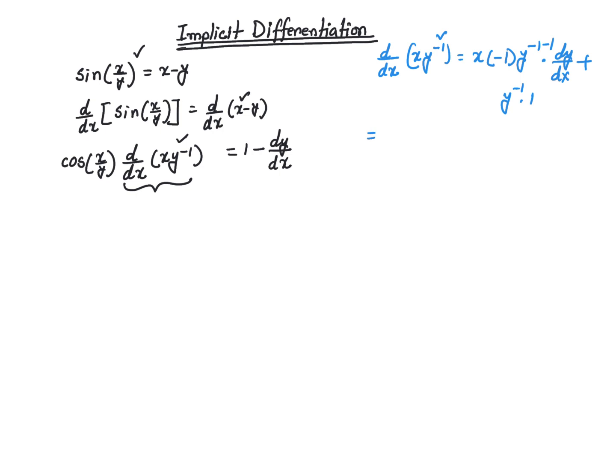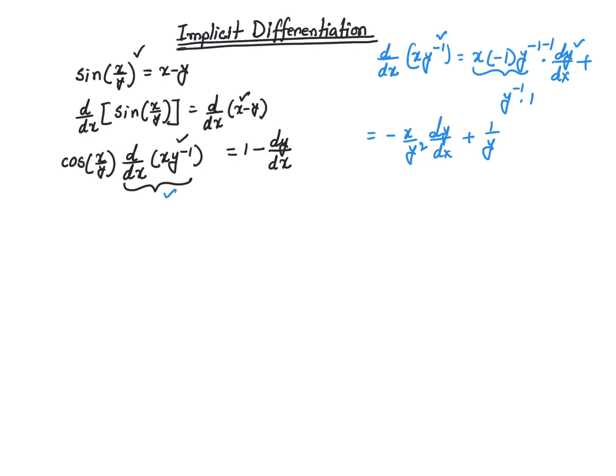So that is going to give me negative x over y squared times dy over dx, right? Plus 1 over y.